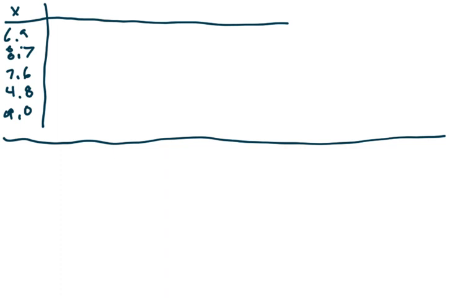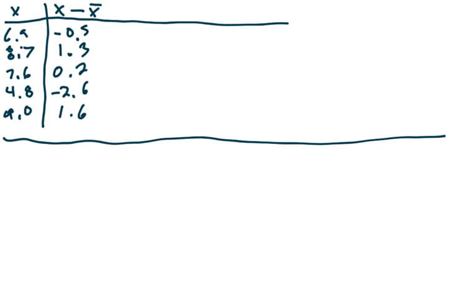The next thing I'm going to do is subtract the mean from each one of these points. So I'm subtracting 7.4 from each one. When I do, I should get negative 0.5, 1.3, 0.2, negative 2.6, and 1.6. So this is how far the data are from the mean.